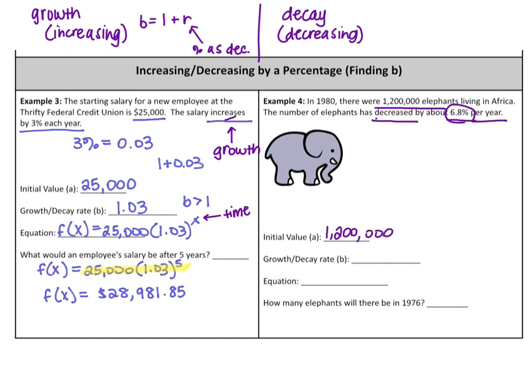If it is decreasing, in order to find that B value, we must take 1 and subtract that rate written as a decimal. R, again, just represents the percentage as a decimal.